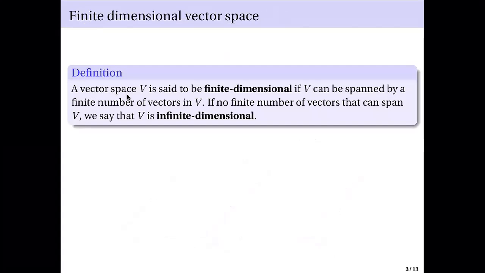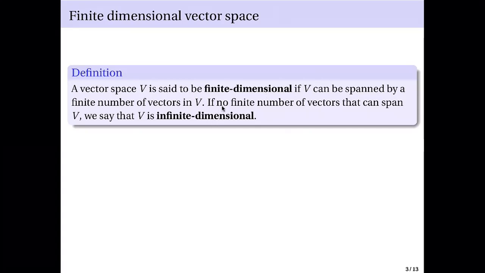A vector space V is said to be finite dimensional if V can be spanned by a finite number of vectors in V. Meaning if you get only a finite number of vectors that can span V, that can generate all the vectors in V, then we say that V is finite dimensional.